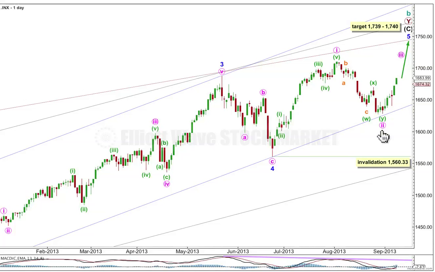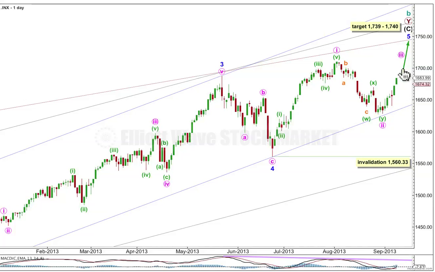If minute 2 were to move lower, which would be extremely unlikely at this stage, it can't move beyond the start of 1, below 1560.33. Movement below that price point would invalidate this main wave count and provide strong confirmation for the alternate.